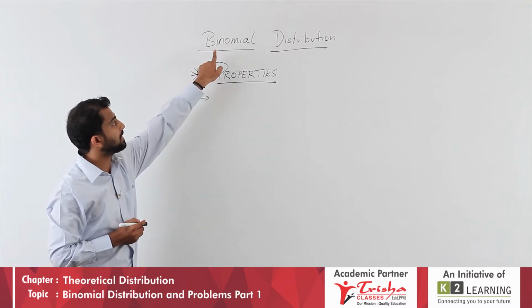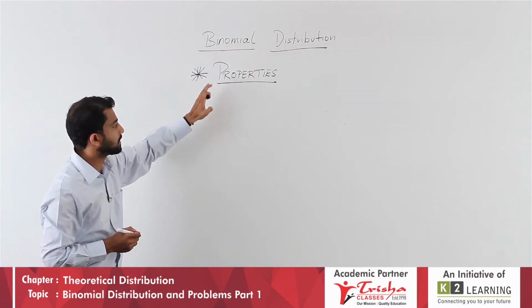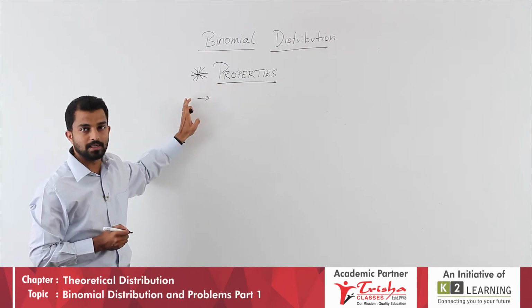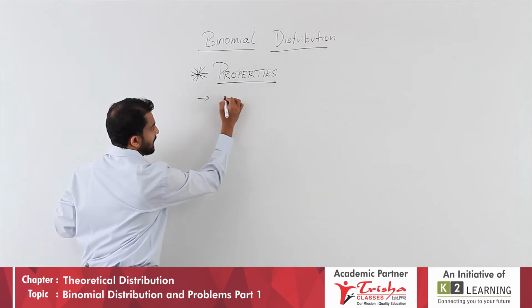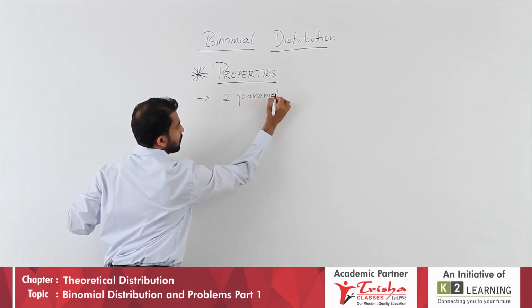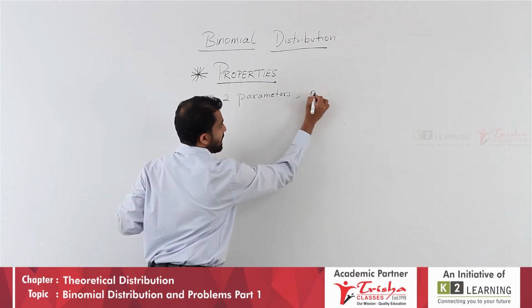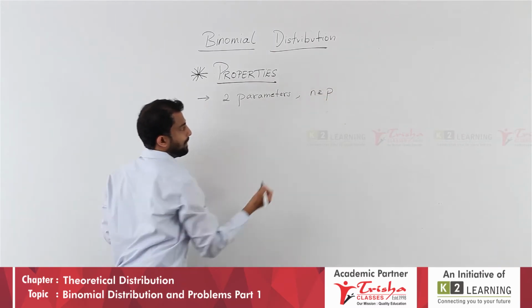As the name itself suggests, binomial, the property of binomial distribution says that it has two parameters, and those are nothing but n and p.